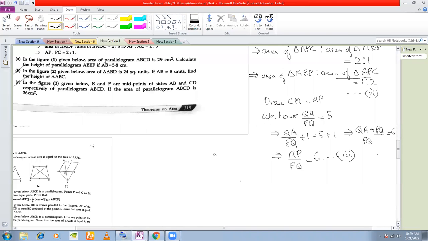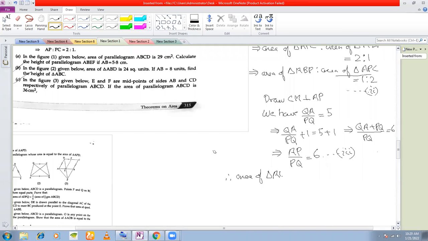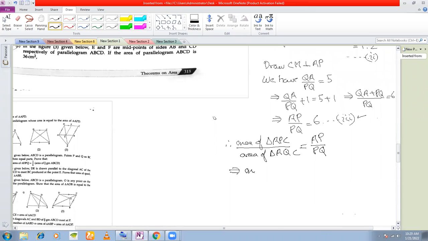I can write, therefore, area of triangle, the bigger triangle here, APC, divided by area of triangle AQC must be equal to the ratio of the bases, AP by PQ, right? But what is this ratio? From 3, area of triangle APC divided by area of triangle AQC is equal to, what is this ratio? 6, right?